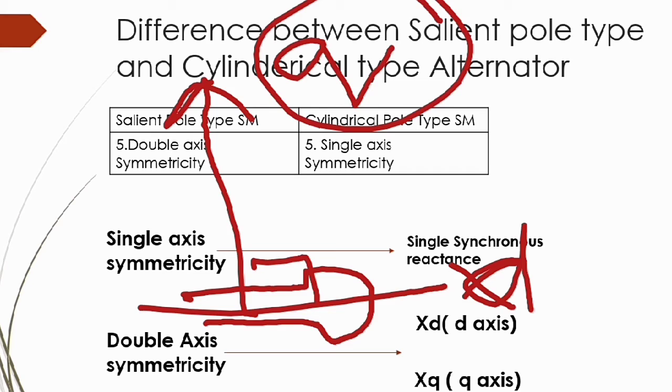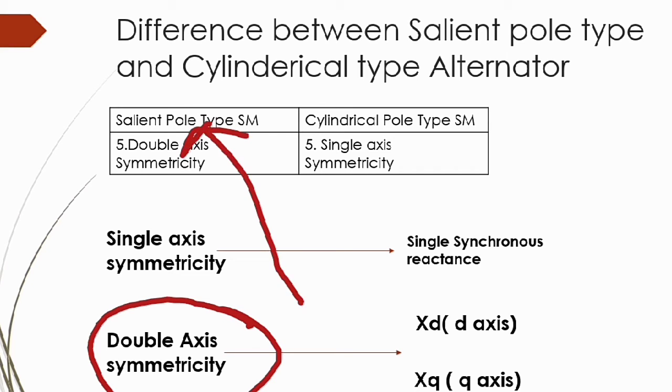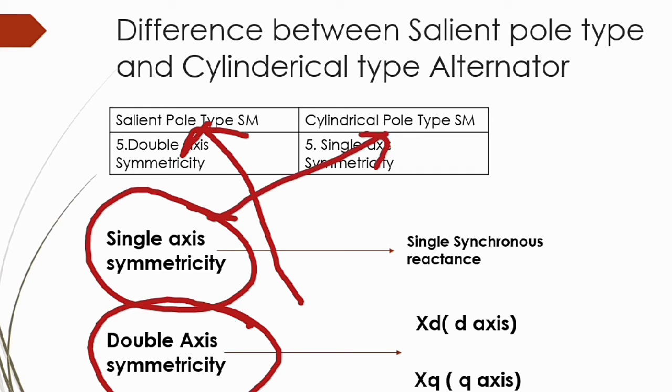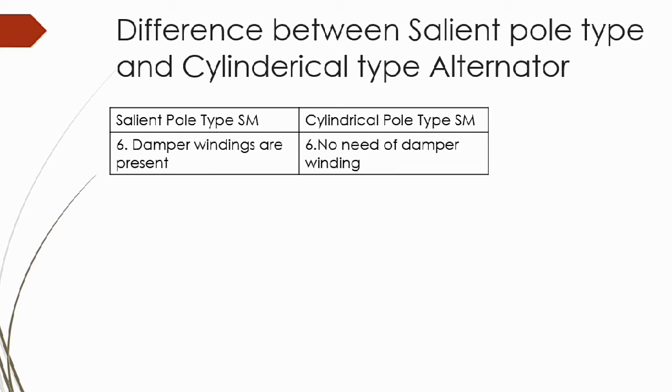So this is called the two axis phenomenon. Because it uses two axes to justify the reactance, it is called double axis symmetricity. So salient pole has double axis symmetricity, and single axis symmetricity is in the cylindrical pole synchronous machine.